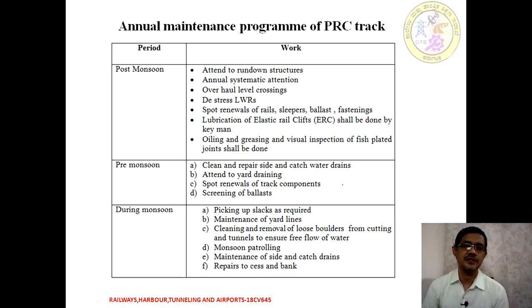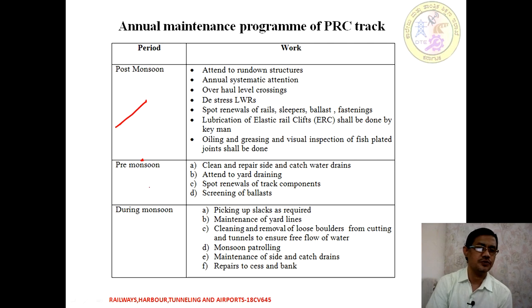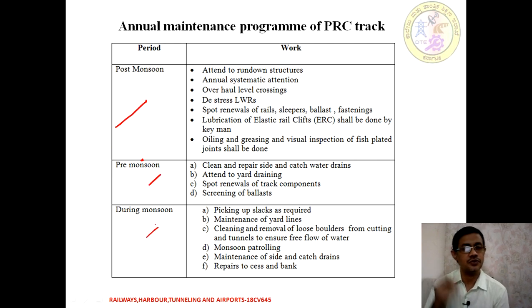Apart from that, we have annual maintenance practices for a track, done in 3 phases: post monsoon, pre monsoon and during the monsoon. These are the routine maintenance works taken up for the proper working of the track system. First is post monsoon. After the monsoon we should attend to the rundown structures.